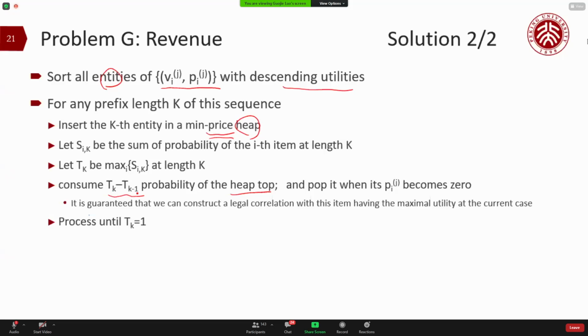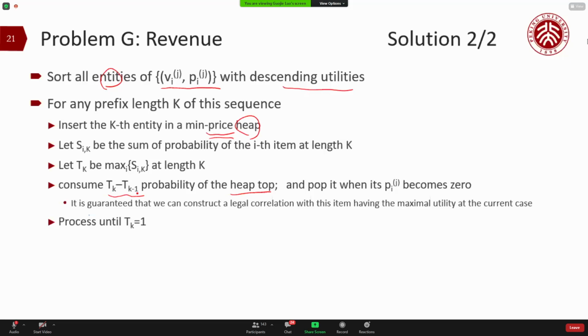Because we have one step, and then we may increase, or we may stay at the previous probability. But if there's some extra non-negative probability we add, we can look at the top of the heap, and then we reduce this amount of probability for that entity.